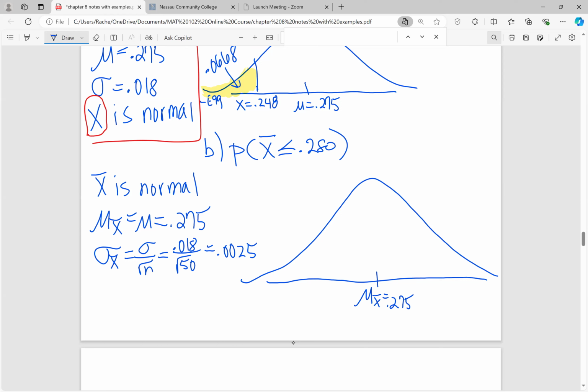Well, where's 0.280 within this distribution, right? It's going to be to the right of 0.275. So let's say this is X bar equal to 0.280. And we want the probability that X bar is less than or equal to 0.280. So I'm going to shade to the left.